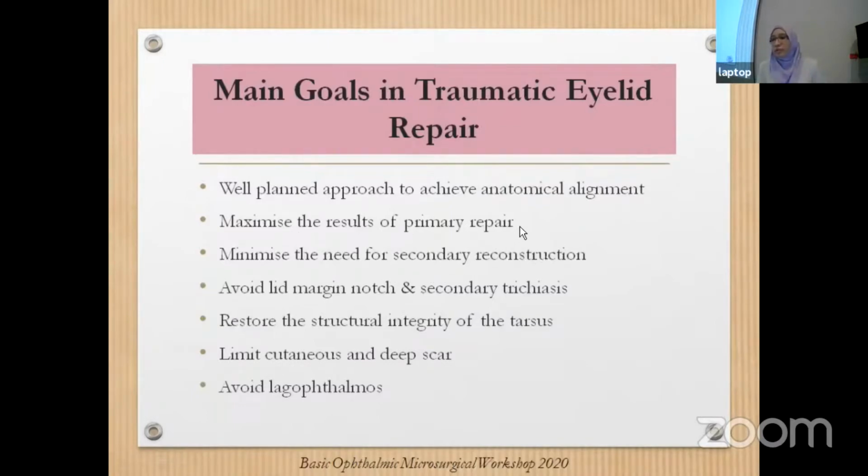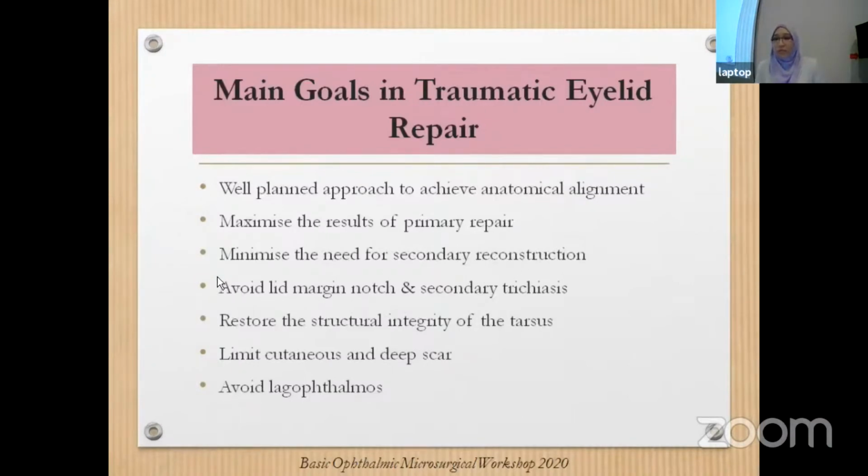As general ophthalmologists, we should know how to do the primary repair, because we don't want complications later on that might need secondary reconstruction. Usually, this is why we need to refer to our colleagues in the oculoplastic team.